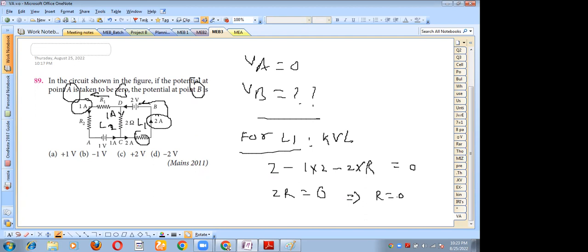Let us see once again, check it. We have 2 ampere current, 1 ampere is splitting. So 2 minus 1 into 2 and again 2 into R. Okay, we cannot write 2 into R. Here there is a mistake. You cannot write 2 into R.